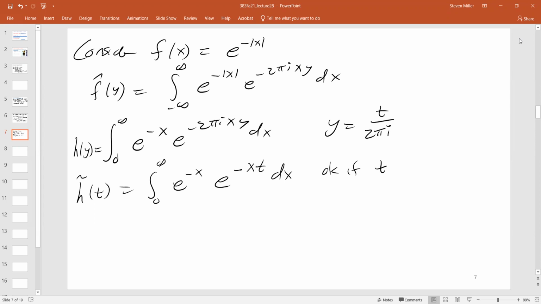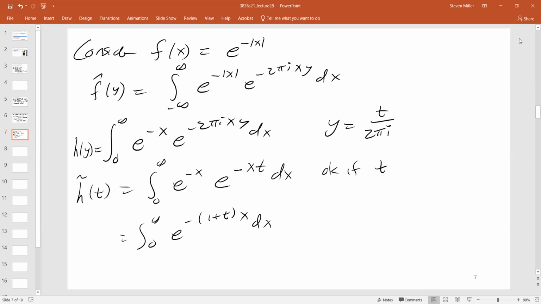If t is a positive number, we're clearly okay. I need to have an exponential that decays. Well, x is a variable, so I can't say less than x. This is the integral from 0 to infinity of e to the negative 1 plus t x dx. So that should tell you what the critical threshold is for t. What value of t causes me to worry? Not 1. Minus 1.